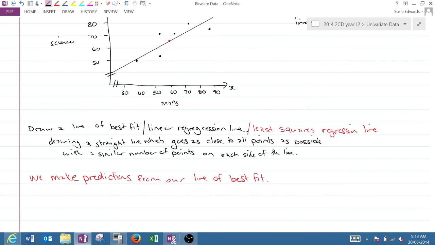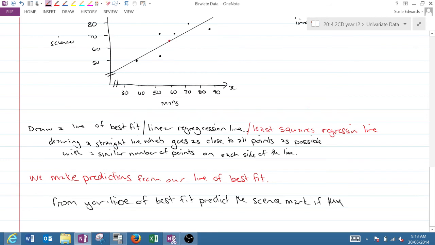All right, so we're going to go, okay, from your line of best fit, predict the science mark if they received the following in maths.